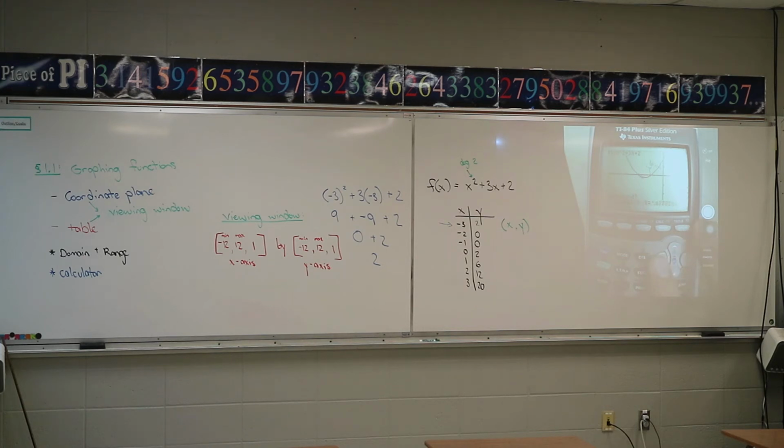I just use my cursor to set the left bound and right bound, hit enter, and it wants a guess. My lowest point's about right there, and it'll do the calculations and tell me that anyway. So if it wasn't perfectly symmetrical, all you have to do is pick a right and left, then pick where you think that lowest point is, and watch it figure it out for you, which is kind of sweet.